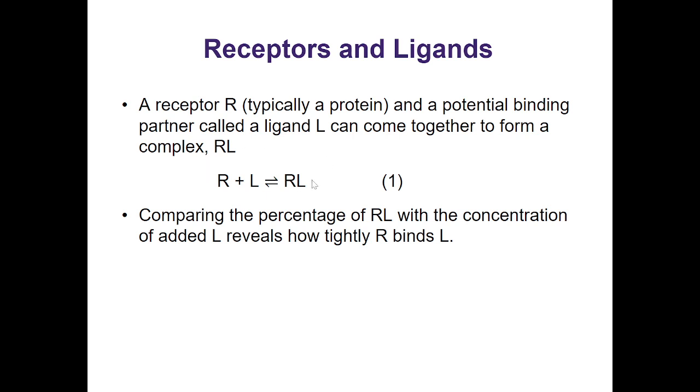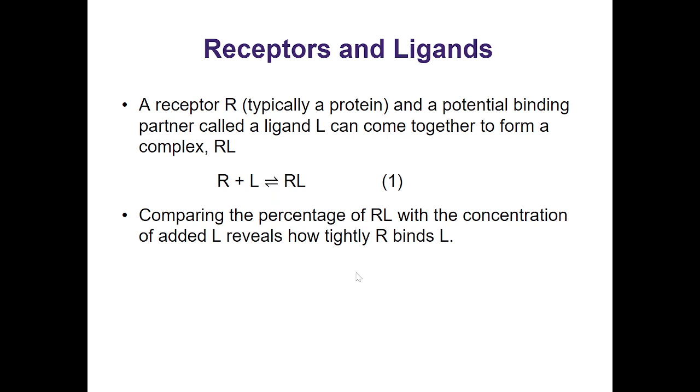Note that this is an equilibrium, and what does that mean about these protein-ligand combinations? They can pop in and out, right? And they're going to do that in solution inside your body regularly, okay? Because all equilibriums are going to be dynamic.